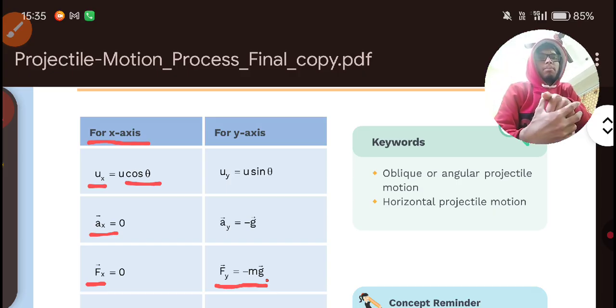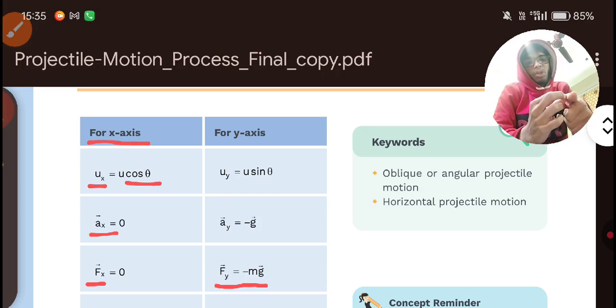So the force along y will be minus mg, because it is downwards.